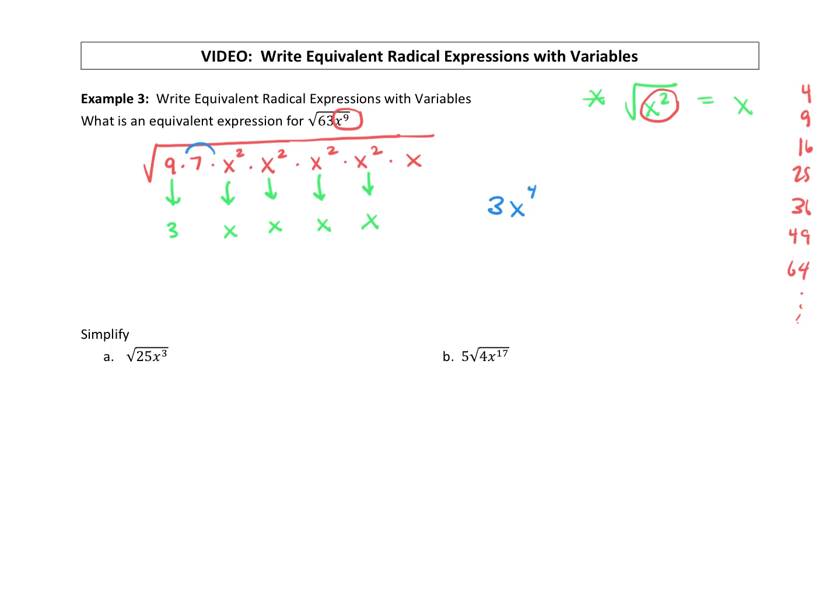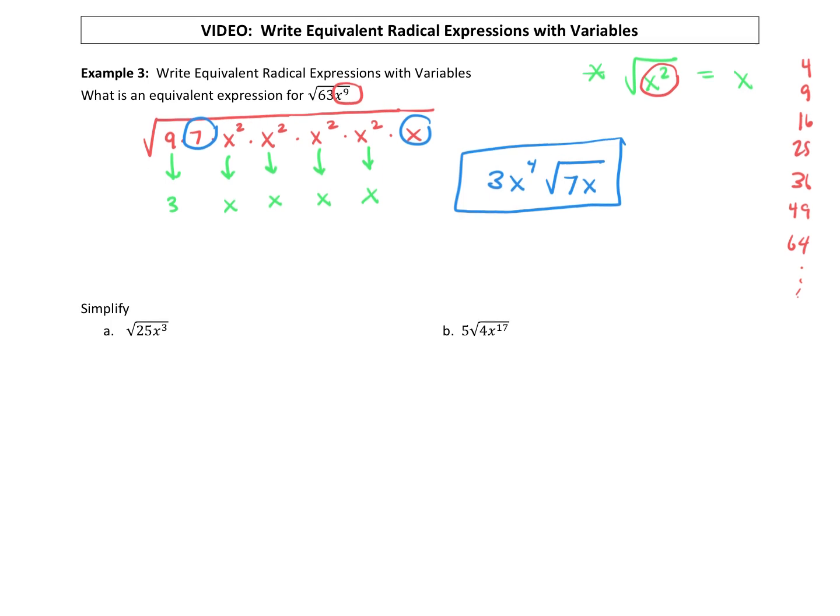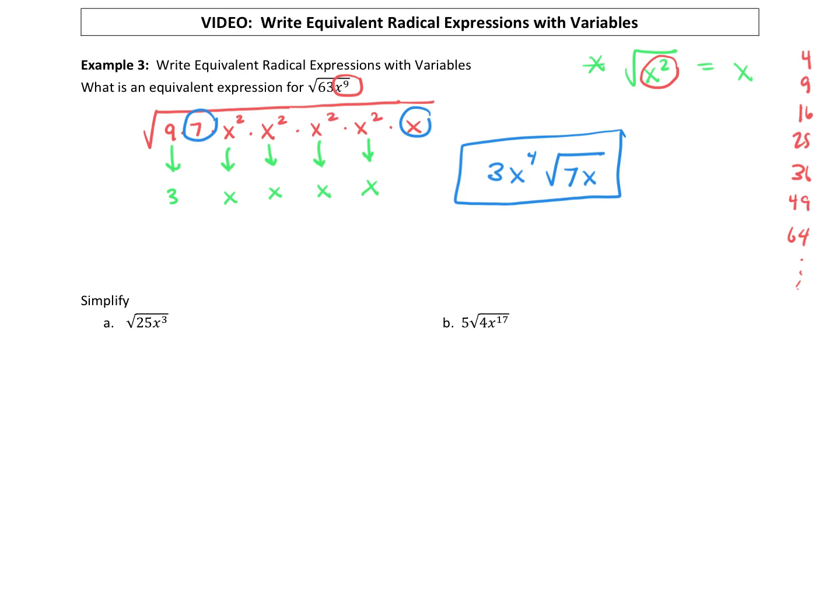And then anything that we were not able to square root stays underneath the radical, 7x. So this is an equivalent expression. It's actually a reduced radical for the square root of 63x to the 9th. What do you guys think of that? We're essentially just breaking down into factors and finding the perfect square factors that we can actually square root.